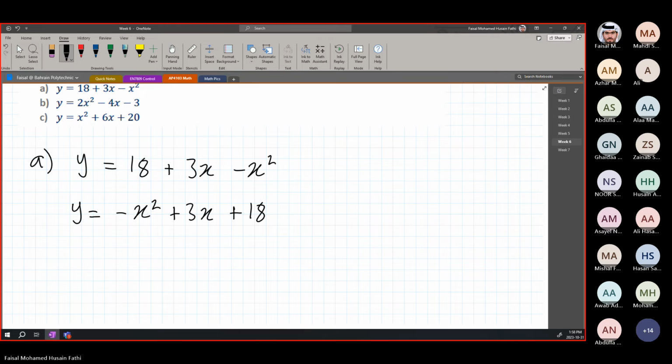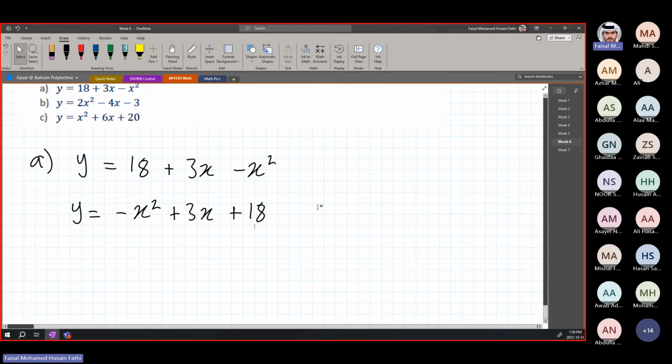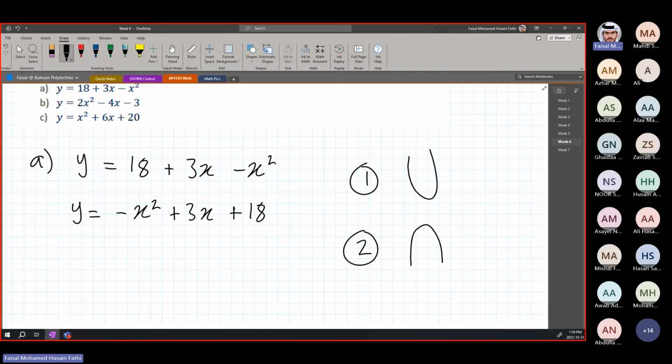Before we solve the question, I have a question for you to answer. Is the answer 1 or 2? The curve, is it going to be like this or like this? Answer 1 if it's going to be 1, answer 2 if it's going to be 2. Can you tell me why it's 2, everyone?